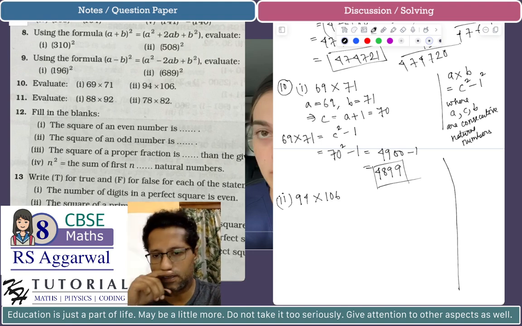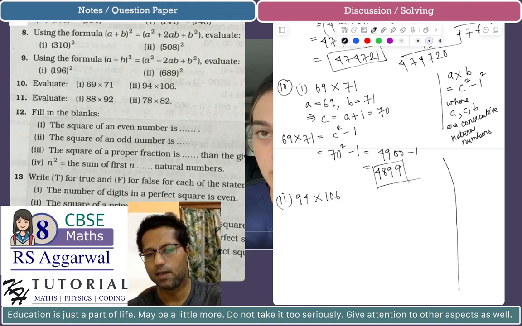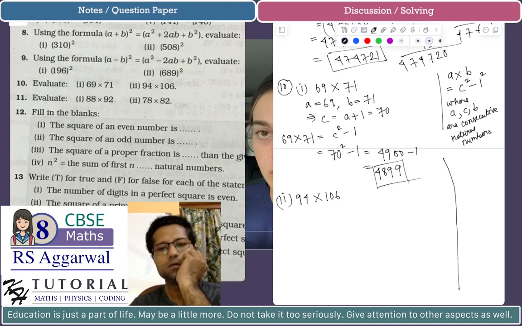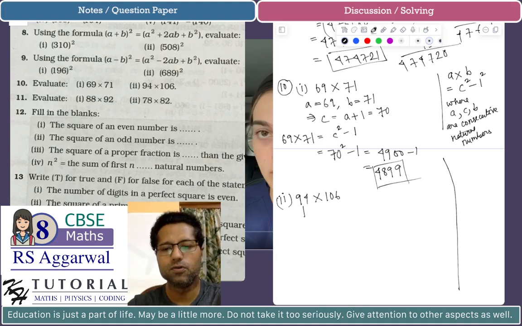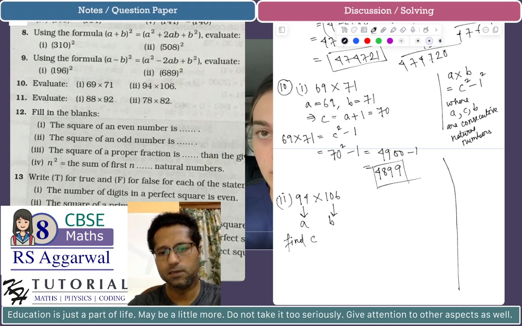We have to find some integer between 94 and 106 such that, if you consider this is A and this is B, the idea is to find C.